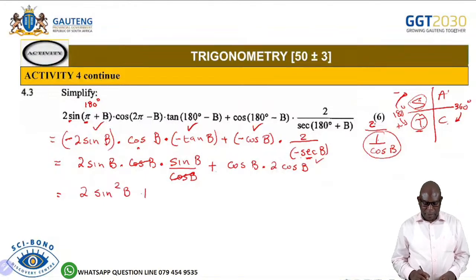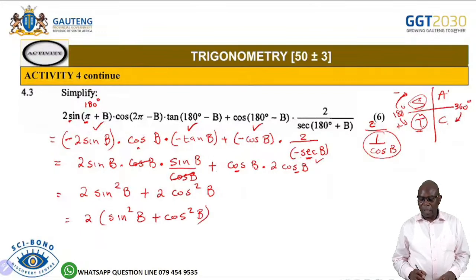There's a plus sign there. Cos of b times cos of b will give me 2 cos squared of b. Now I can see that there's something here. Common factor, it's 2. I'm left with sine squared of b plus cos squared of b, which I already know is my famous one.